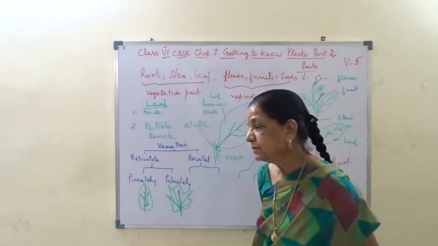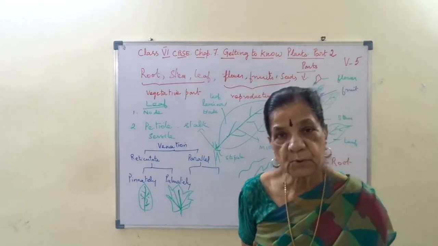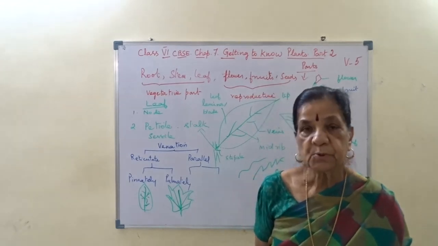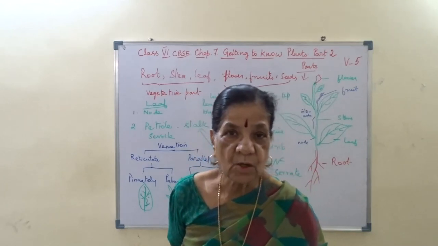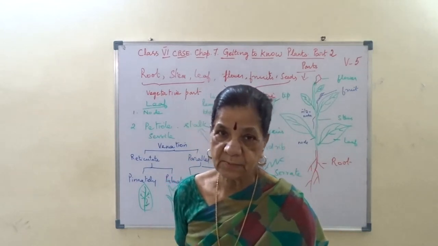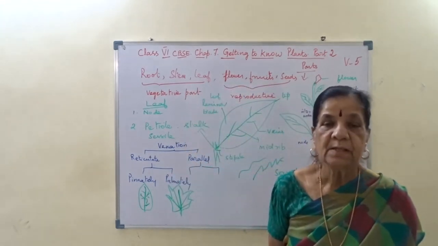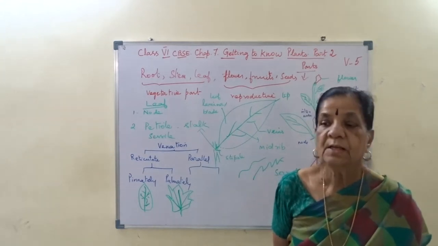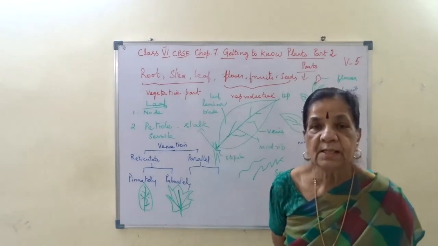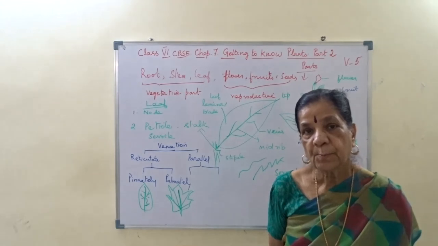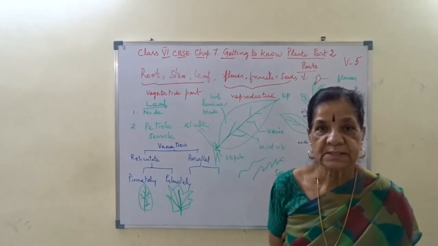If the leaf has reticulate venation, then it is a taproot system, because taproot system and reticulate venation are characteristic features of dicot plants. In the same way, if the venation is parallel, then the root system will be a fibrous root system. Parallel venation and fibrous root system are characteristic features of monocot plants. I hope you understand this.